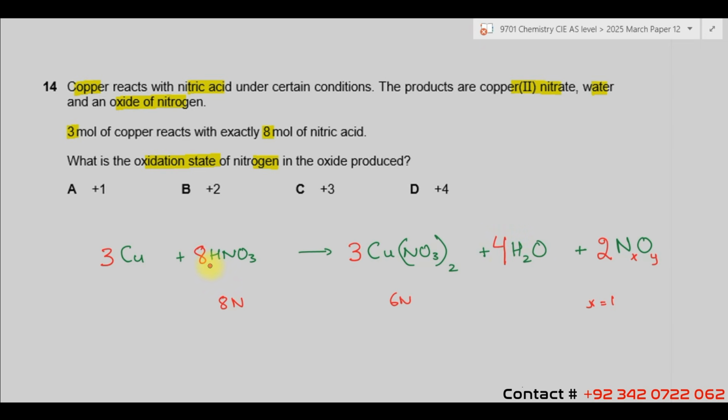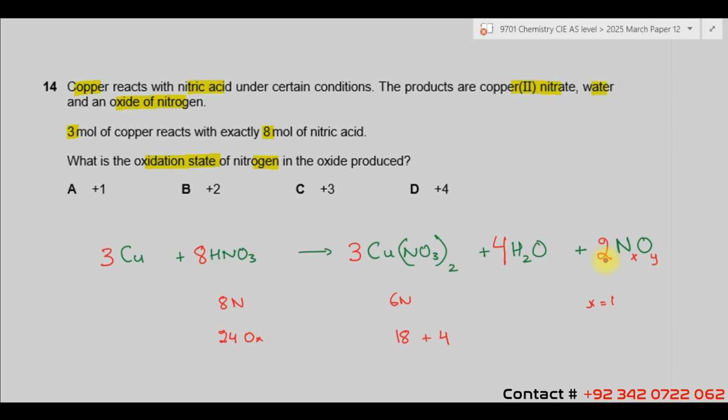Hydrogen is balanced. For oxygens, we have 24 oxygens. 8 3s are 24. 3 2s are 6. 6 3s are 18. So we have 18 oxygens over here. 4 in water. So it becomes 22. We need 2 more.